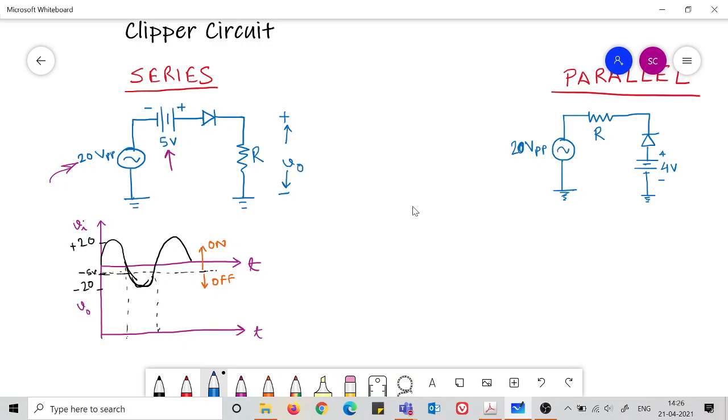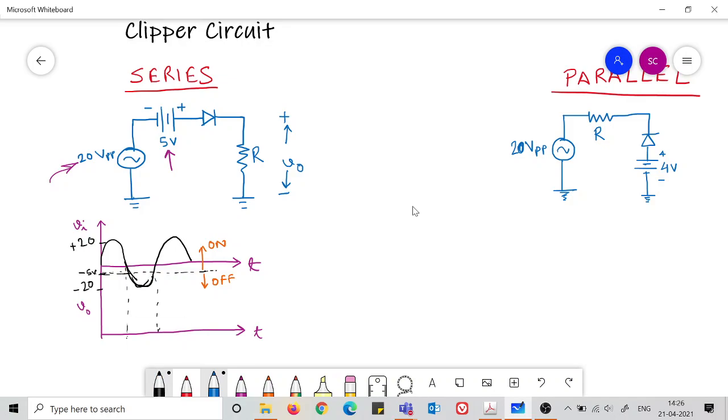So if you add a 5 volt to this region, what is basically happening, you try to understand that you are having this minus 5 volt as the 0 level in the output, and the entire input voltage is getting redrawn in this side.